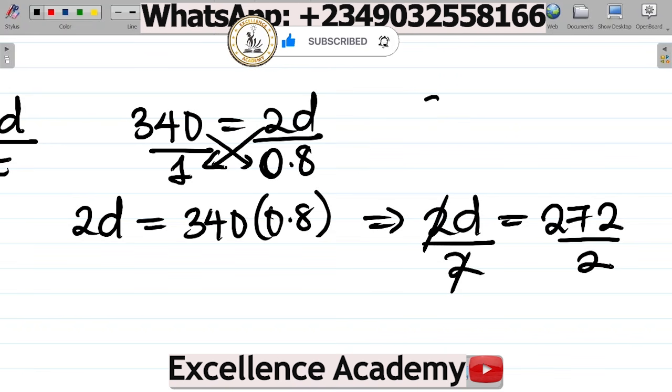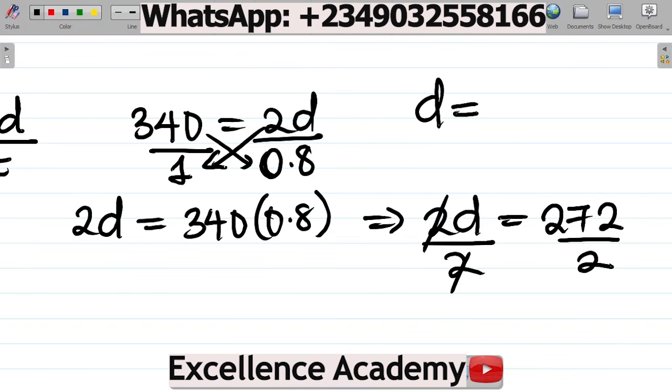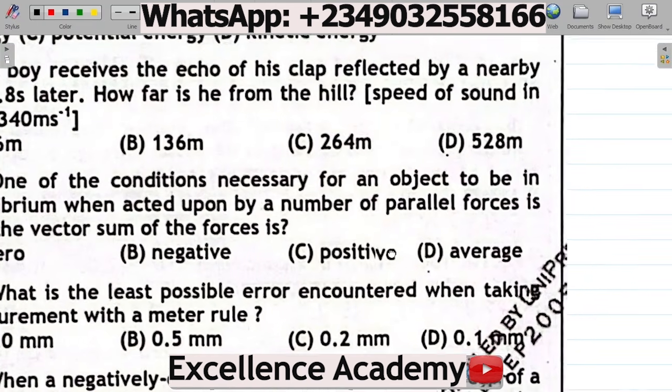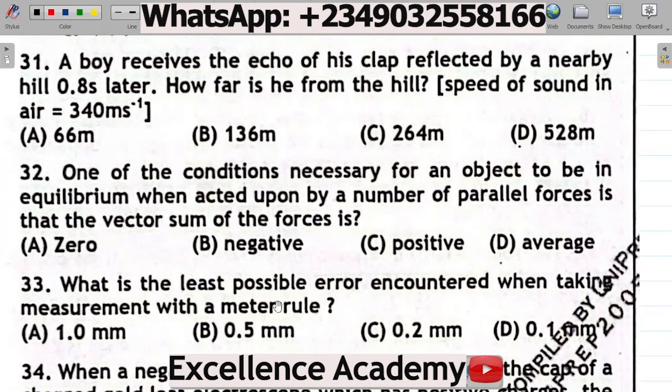This cancels this. So D is equal to 272 divided by 2. That gives you 136 meters. All right. So the distance between the boy and the hill is 136 meters. Let's see which option that is. 136. That is option B, 136 meters.